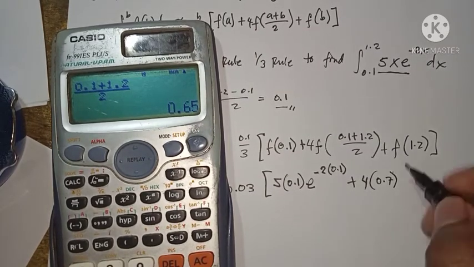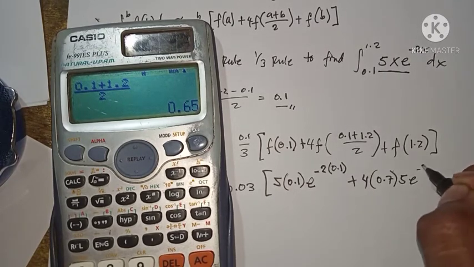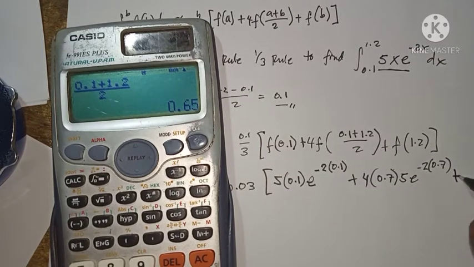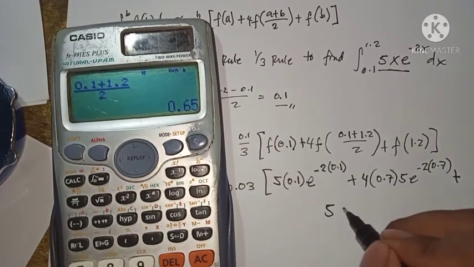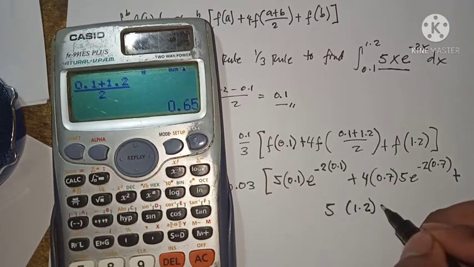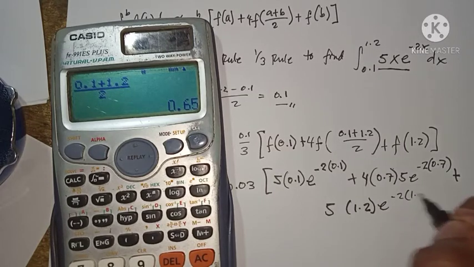So 5 times 0.7, e raised to negative 2 times 0.7, plus f(b), which is 5 times 1.2, e raised to negative 2 times 1.2.